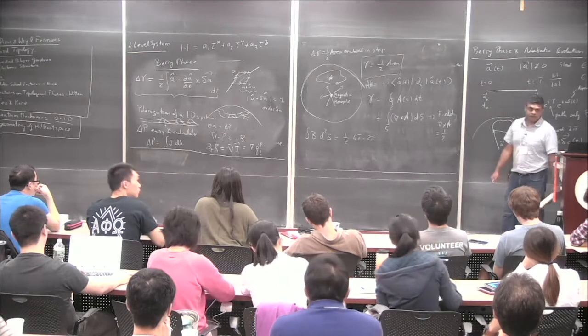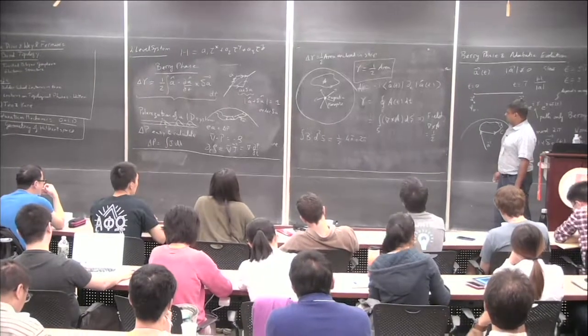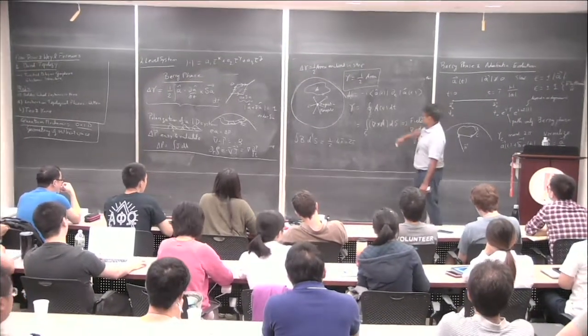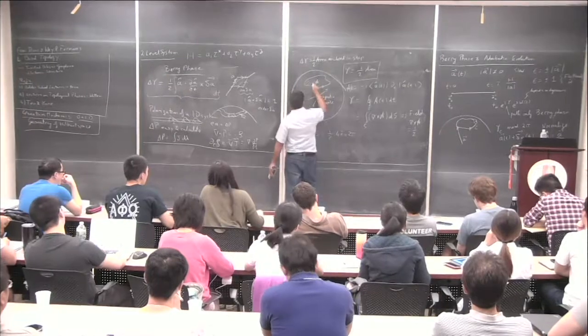Excuse me, what does the S mean in the last equation? This is just the surface area that's enclosed over here.